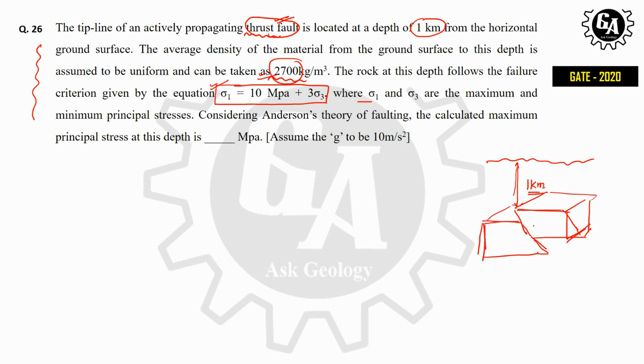Now they are telling us the density of this overburden: the density is 2700 kg per meter cube.